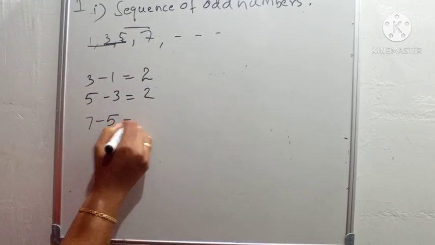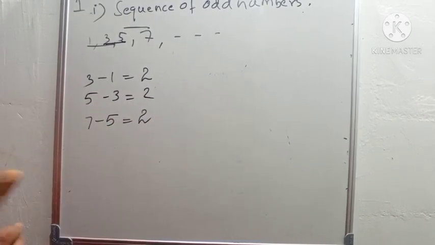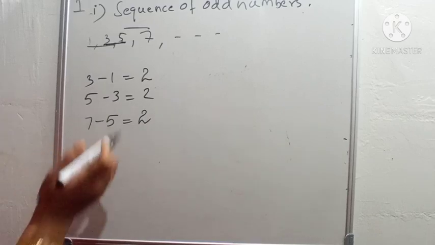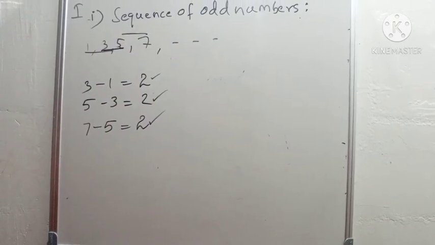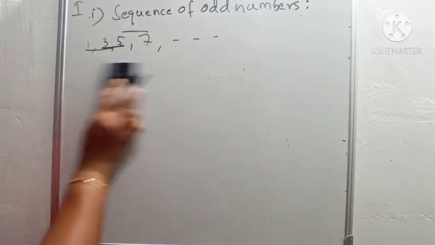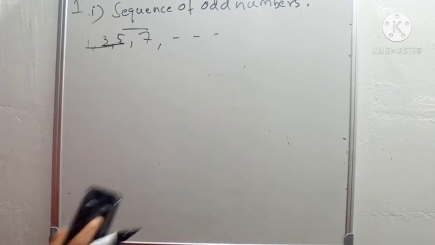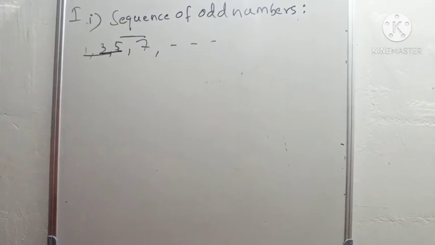That is 7 minus 5 is equal to 2. So, the difference between any two consecutive terms of this sequence is 2. Therefore, this one is an arithmetic sequence and the common difference here is 2. Okay. So, 1, 3, 5, 7, etc., that is, the sequence of odd numbers, is an arithmetic sequence.